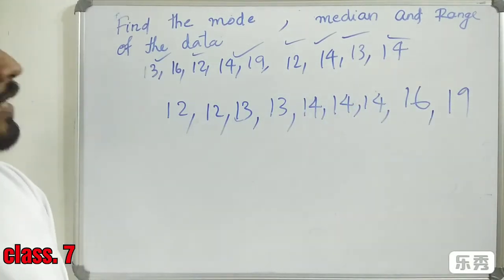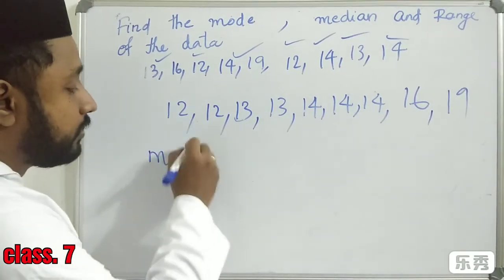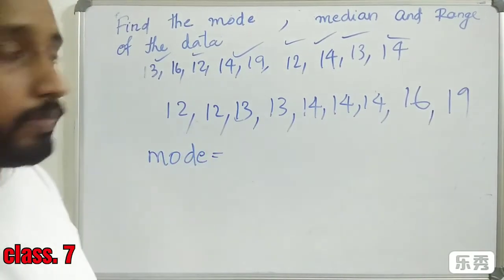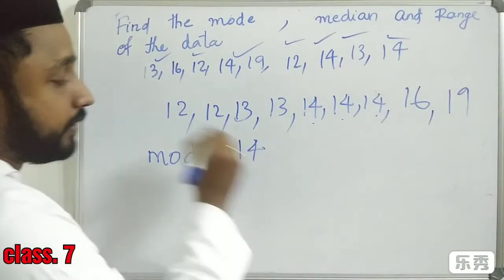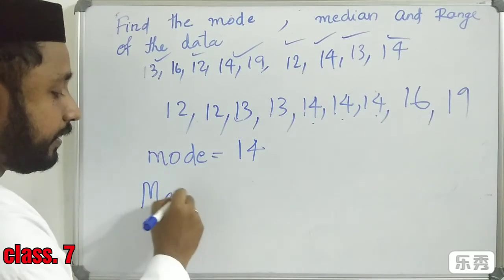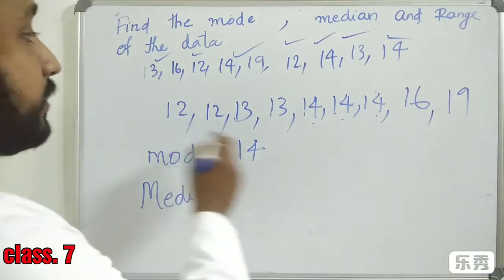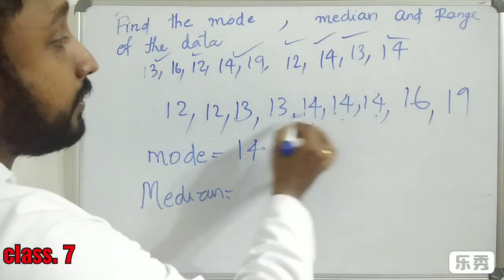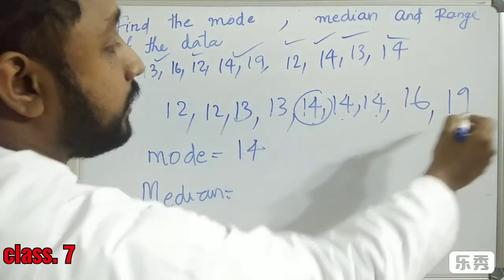Now we find the mode. Mode means the highest occurring observation. Here 14 comes 3 times, so the mode is 14. Then the median is the middlemost observation. There are 9 observations, so the 5th one is the middle, 4 left and 4 right.